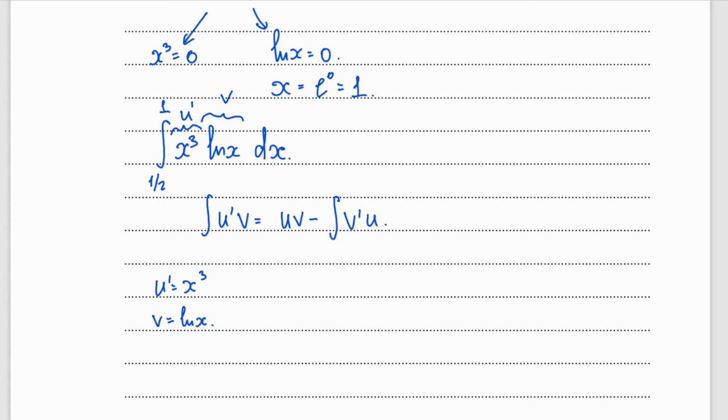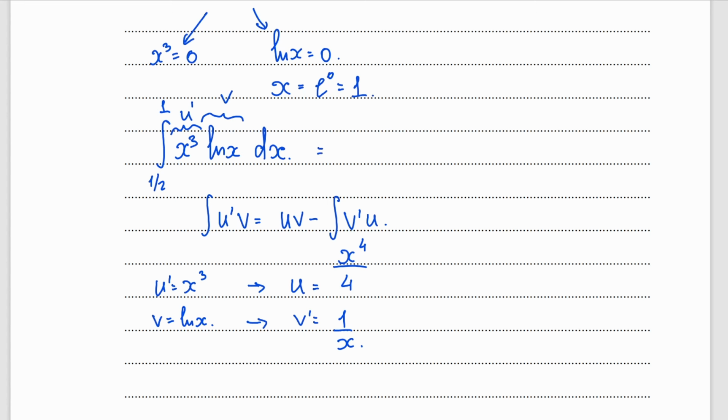Now, since u' is x cubed, I'll have to integrate it to find u. That will be x to the power 4 over 4. Now the derivative of log x is 1 over x.